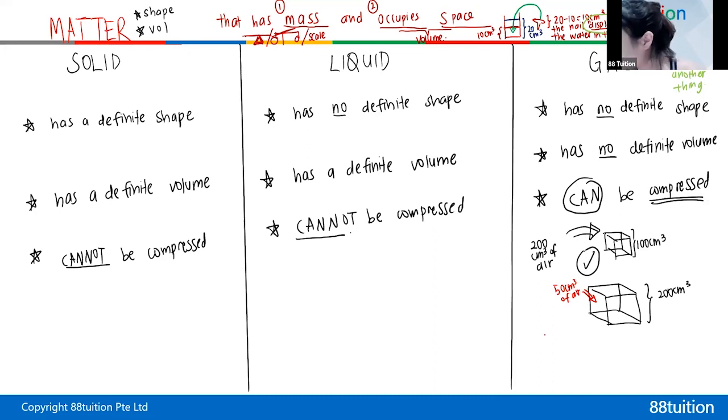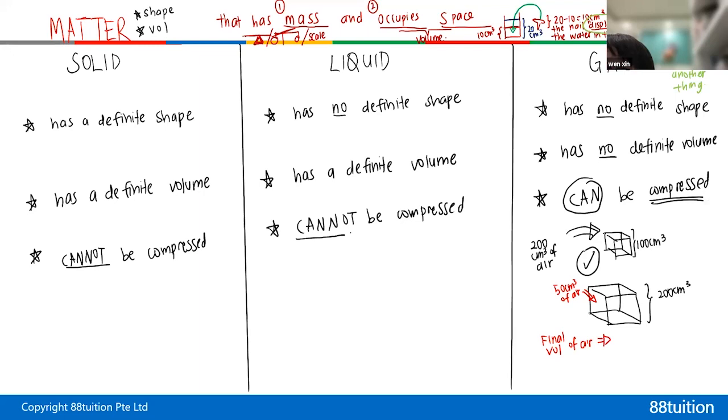The question asks, what is the final volume of air in the container? What's your answer, Wen-Xin? I have 200 cm cube of air in the container. Then I add in another 50 cm cube of air. What is the new volume?